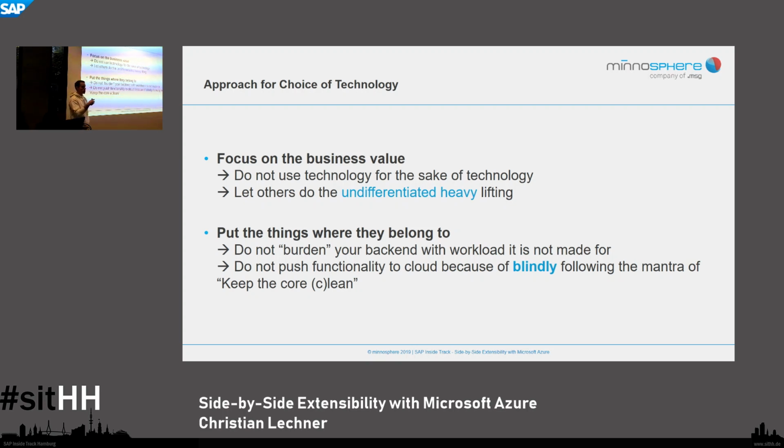On the other side, there is this mantra of keeping the core clean, and now I think it's keeping the core lean. Do not follow that blindly. If it makes sense, no problem. Don't push stuff into the cloud if it fits much better into your backend. I heard stories of folks who think about using the ABAP cloud to implement BAdIs.